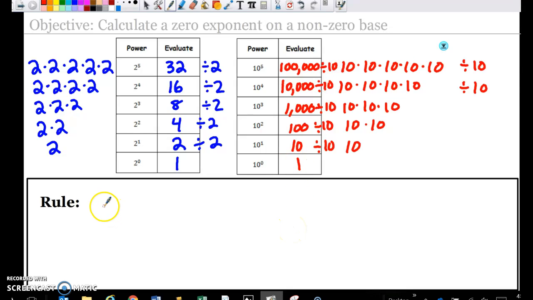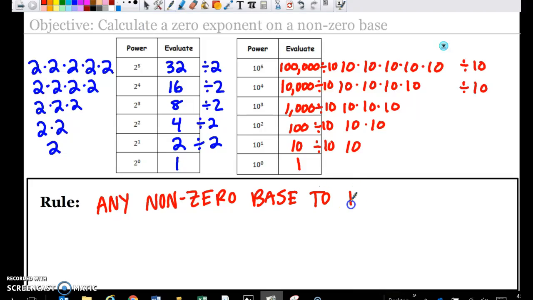The rule is any non-zero base to the 0 power is 1.